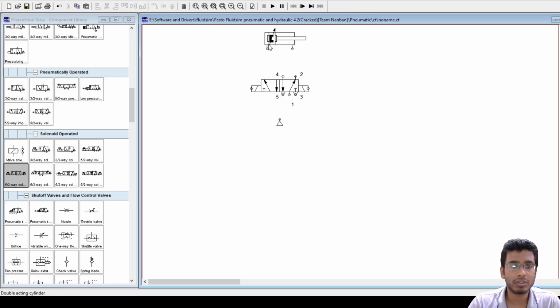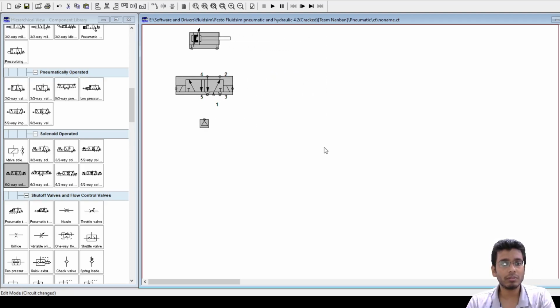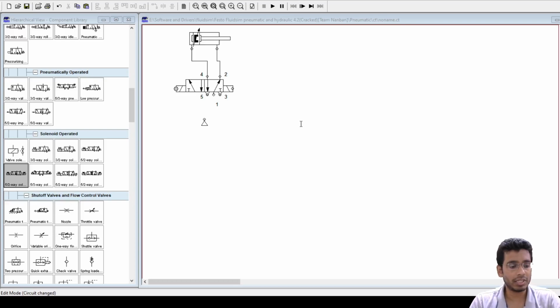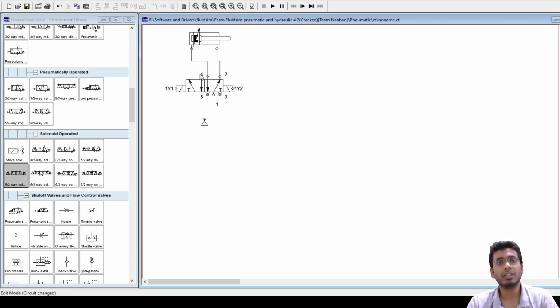Fine. So we connect these ends of the double acting cylinder to the two ports of the 5x2 double solenoid valve, and we give these labels to the solenoids as 1Y1 and 1Y2.